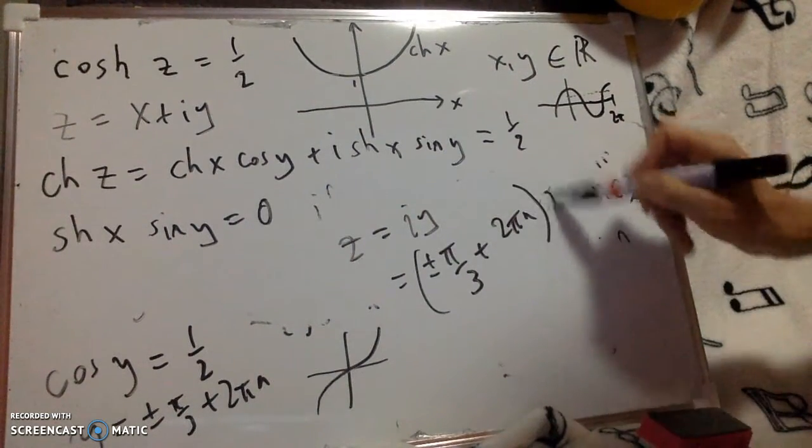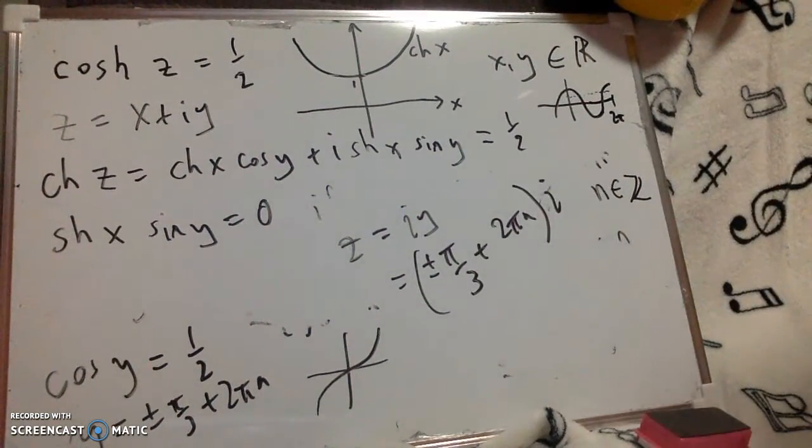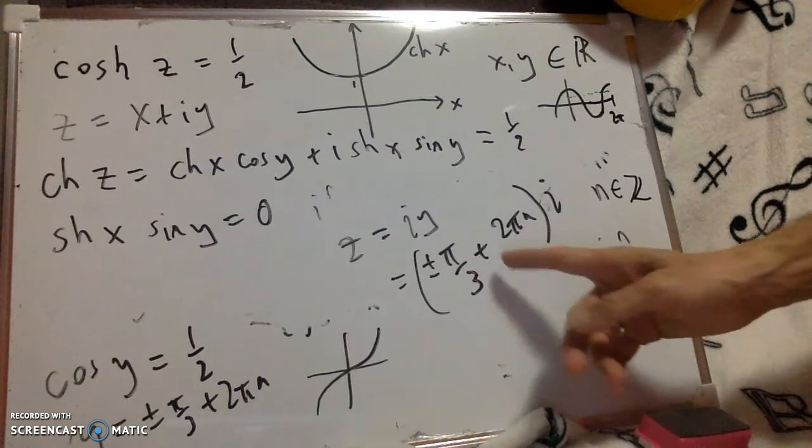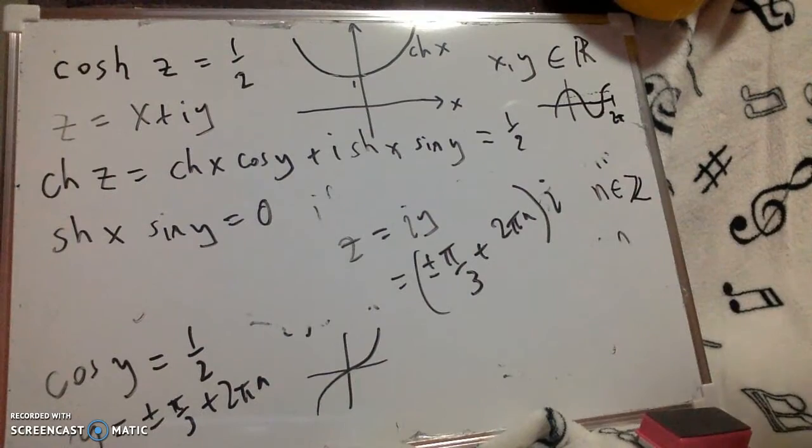Remember, this is all times i. That's our final answer. You might want to take the pi outside to simplify it slightly, up to you.